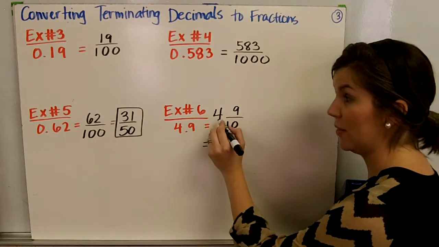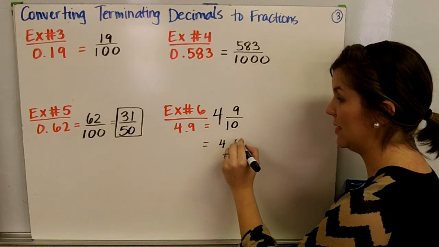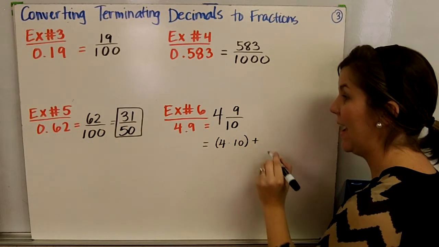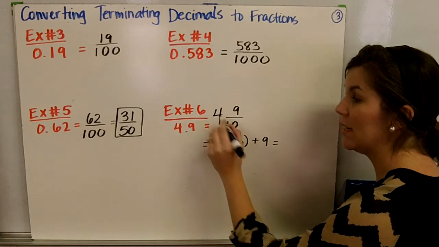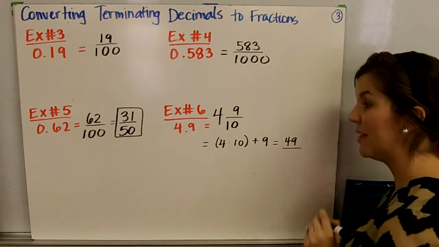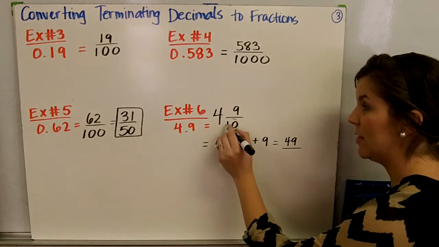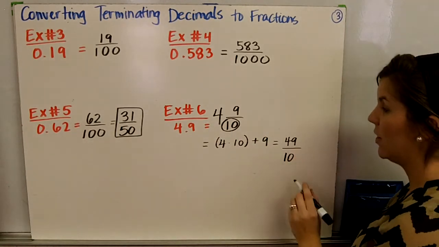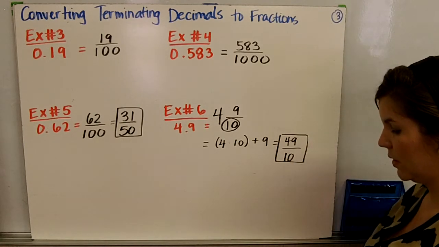So you say the whole number times the denominator, 4 times 10. And then you're going to add the numerator. Add 9. So 4 times 10 is 40, plus 9 is 49. This will be your new numerator. And the denominator stays the same. So my denominator was 10, it's still 10. 49 over 10. All right.